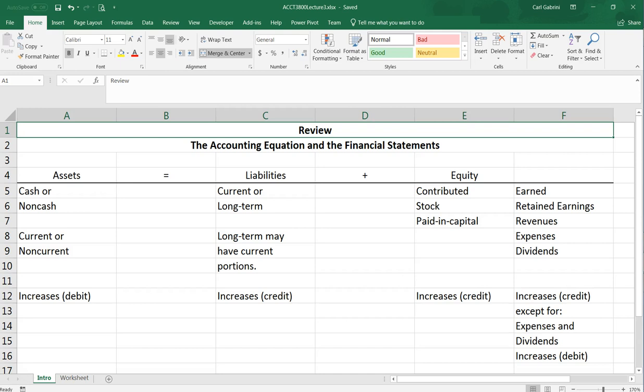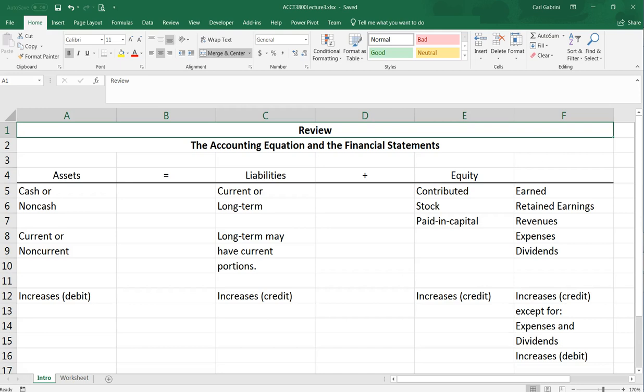Equity can be thought of in terms of both contributed capital and earned capital. Contributed capital consists of stock and paid-in capital, and increases are represented by accounting credits. Under earned capital, we have retained earnings. Retained earnings are a function of revenues, expenses, and dividends.